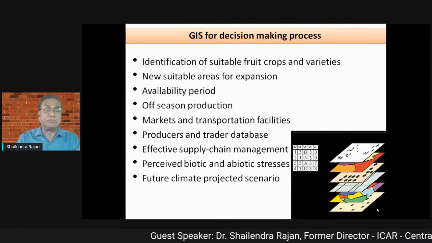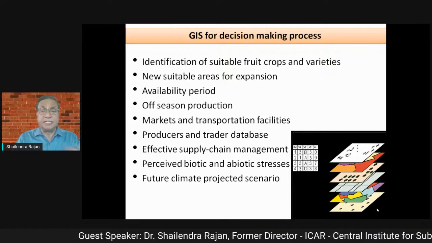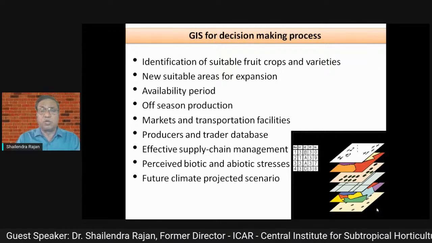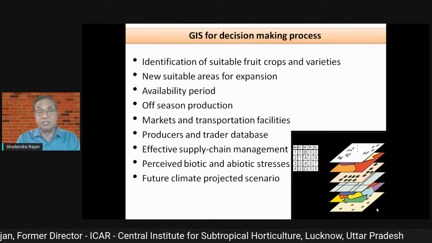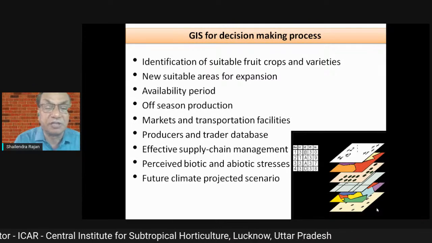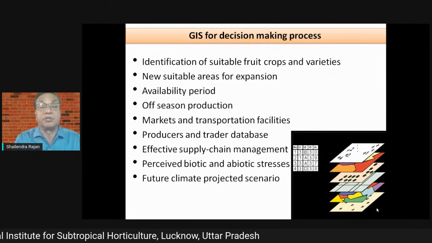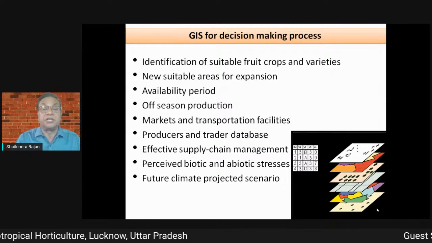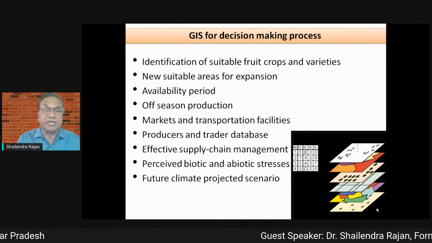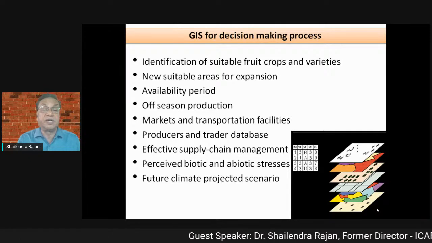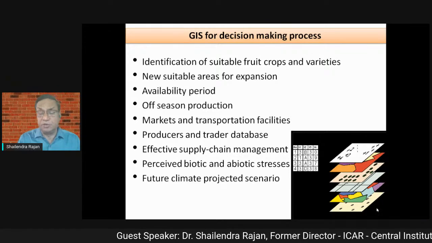It is sometimes important. It is in the background where you are using GPS, then particularly the GIS, geographical information technologies. That will be important particularly for identifying the suitable areas, varieties, availability period, how the off-season production can be useful.